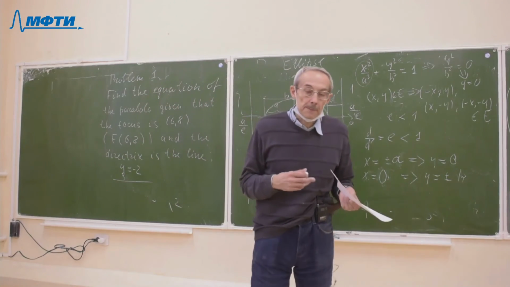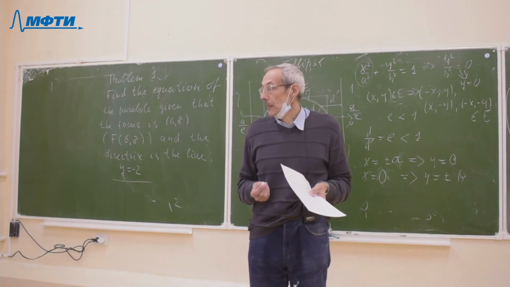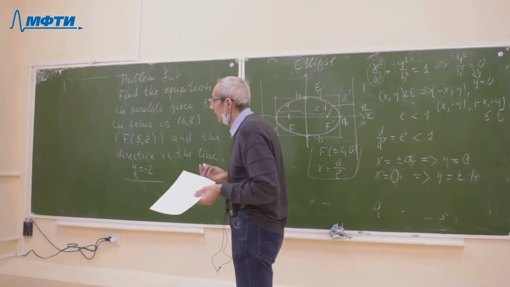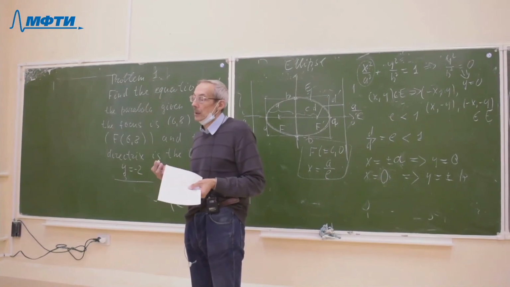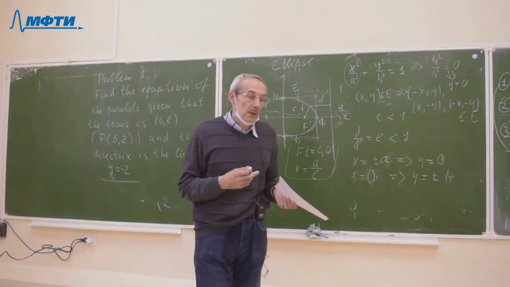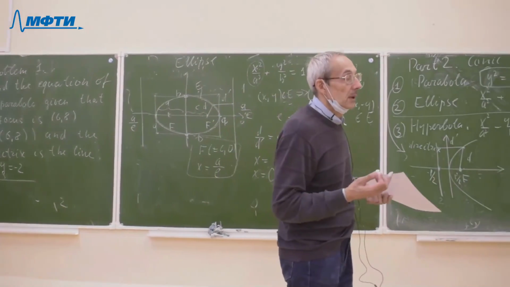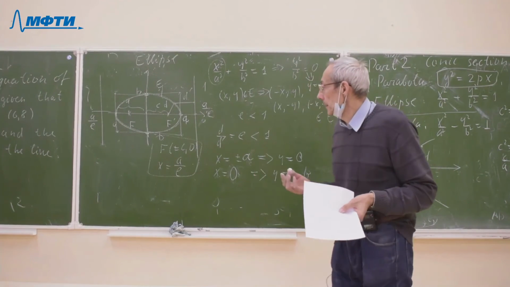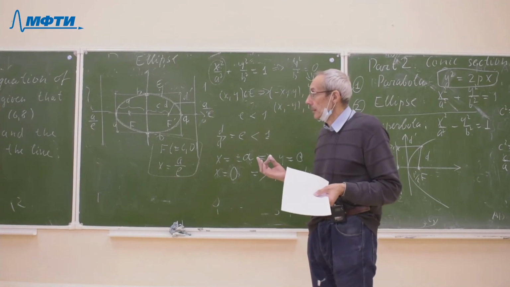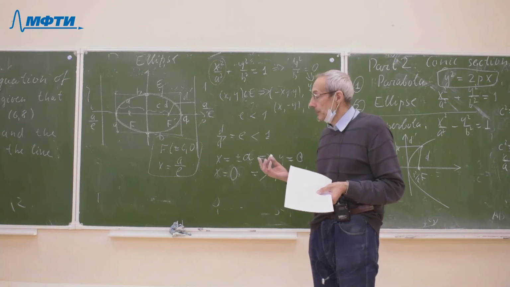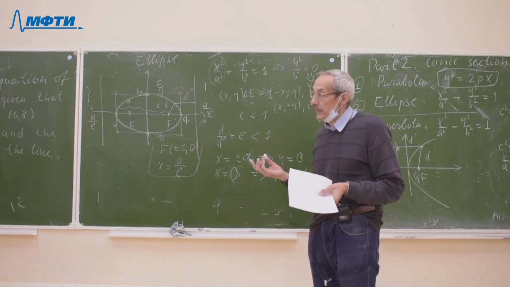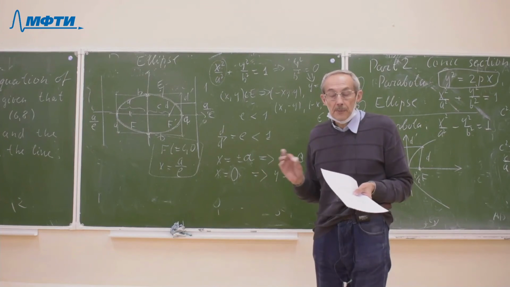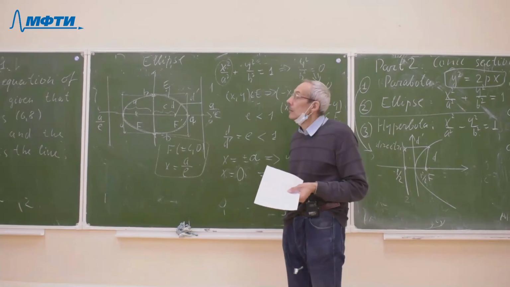And later we will obtain some sufficient condition for this equation in general form, and calculate some invariants which give us the sufficient condition that this polynomial defines a parabola or ellipse, and it will be later.